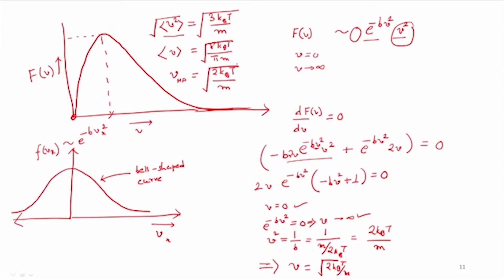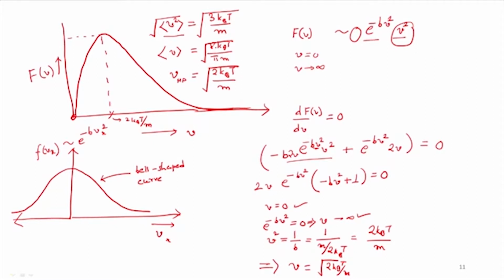So what we see here is twice kBT by m, and then 3 kBT by m and 8 kBT by pi m. I will just have a look at it. So 8 by pi, pi is 3.14, so 8 by 3.14 will always be greater than 2, but of course it is less than 3.